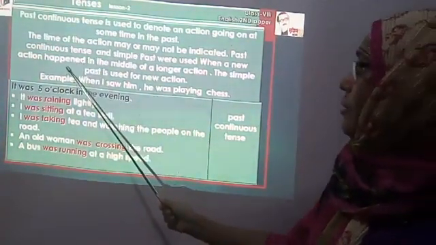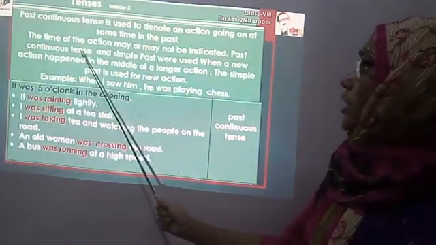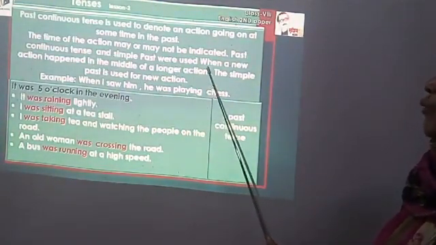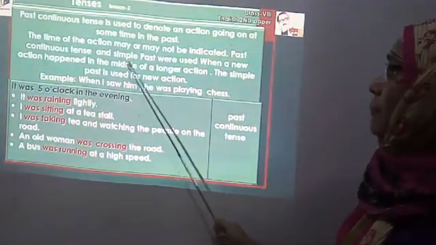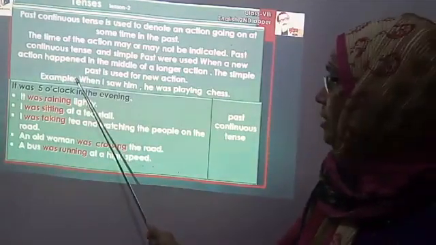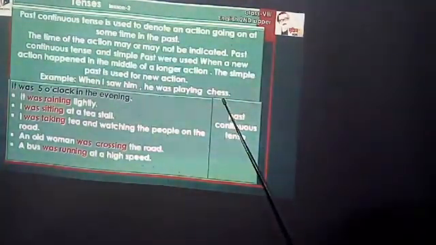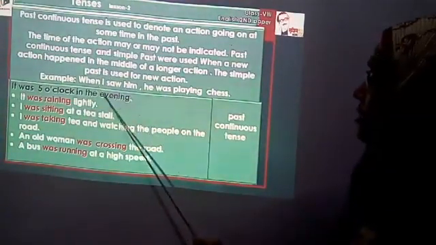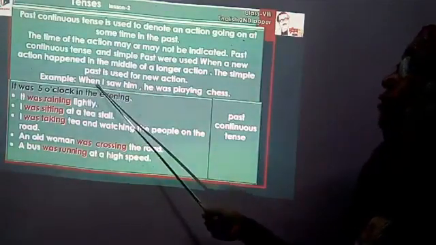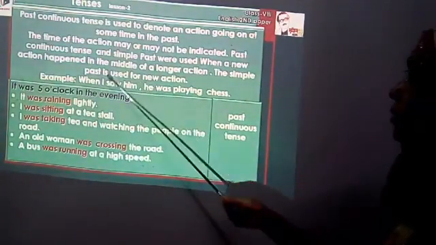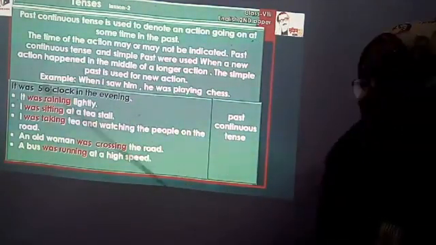And there is another point: past continuous and simple past are used when a new action happened in the middle of a longer action. The simple past is used for the new action. For example, when I saw him, he was playing chess. A new action is here, I saw him. When I saw him, আমি যখন তাকে দেখলাম, he was playing chess, দাবা খেলছিল সে.